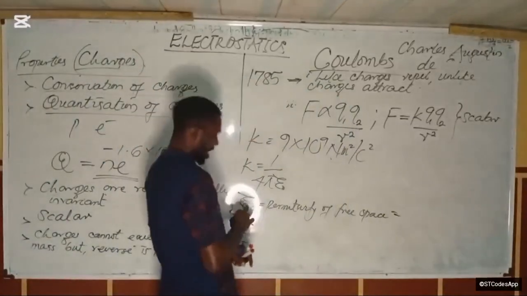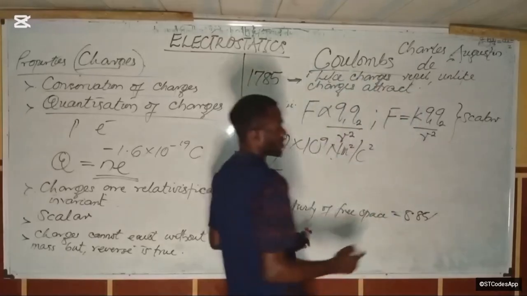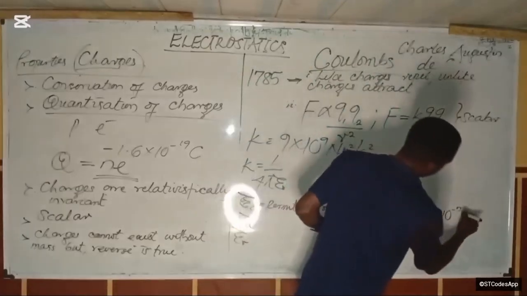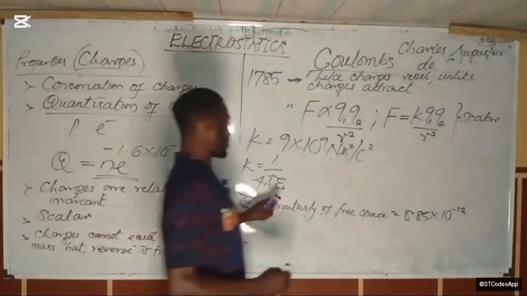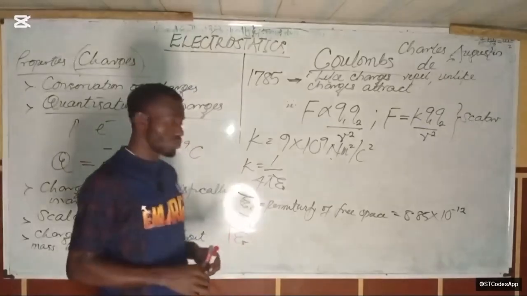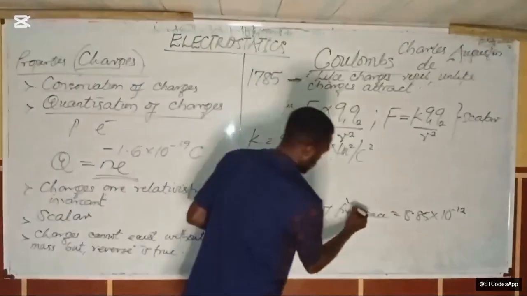Now, this one has an experimental value of 8.85 times 10 raised to the power minus 12. That is the value of epsilon naught, which is the permittivity of free space or vacuum.